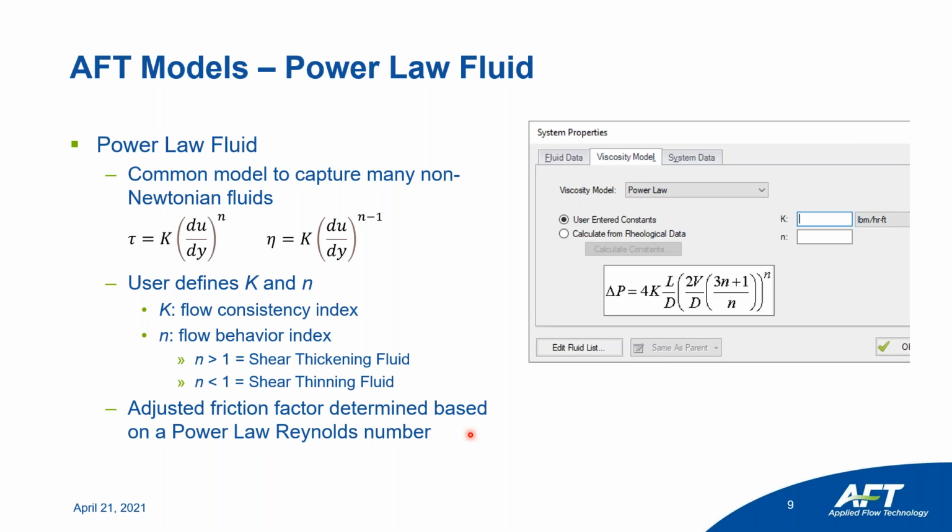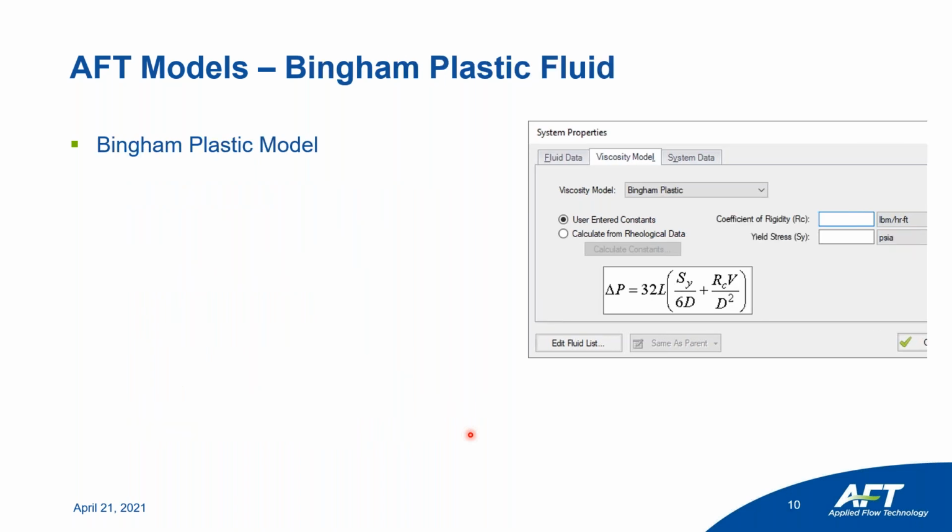That brings us to our last specific model, the Bingham plastic fluid or Bingham plastic model. This is another common model used to capture a fluid with a yield stress. Again, that's a fluid that at rest doesn't want to flow, and you apply a small amount of stress and it still doesn't flow until you exceed some yield stress, at which point it starts to flow again.